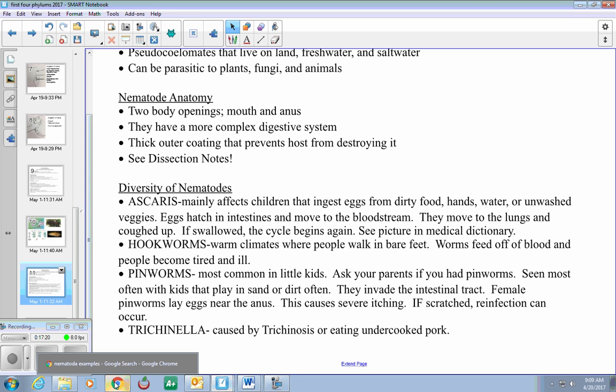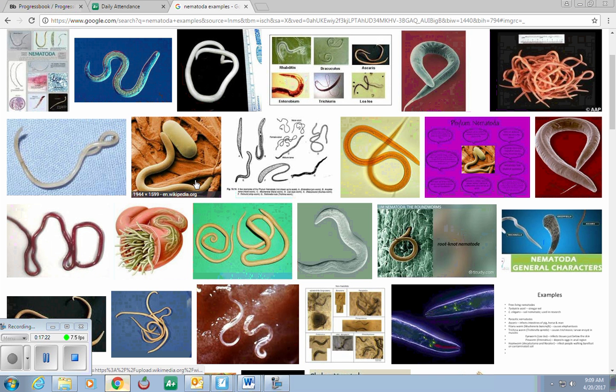So some of the examples I have here are, this is a quick little picture of the Ascaris worms and how they look inside the intestines. Here's a male Ascaris worm. Here's a female. They actually have internal fertilization. There's nothing inside of them except for an intestinal tract and reproductive organs.